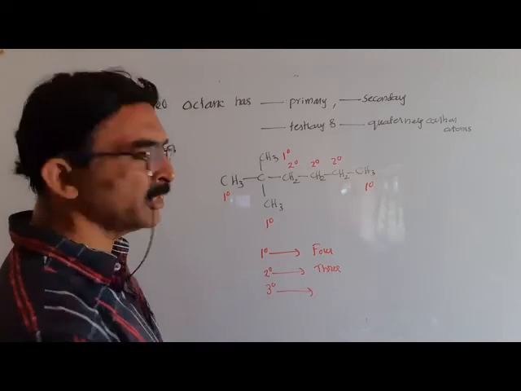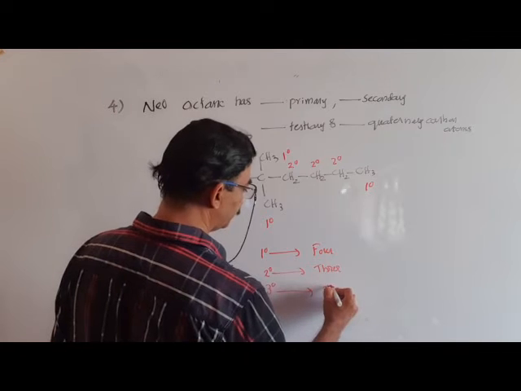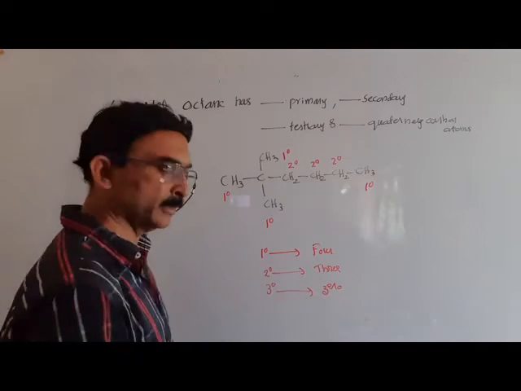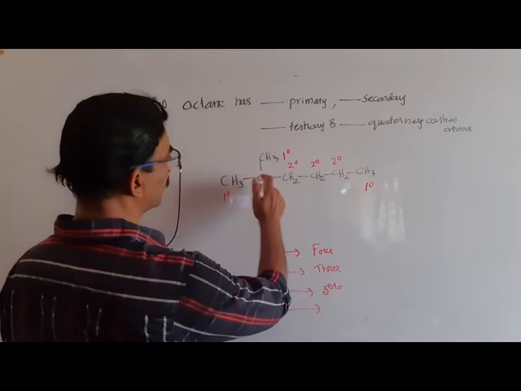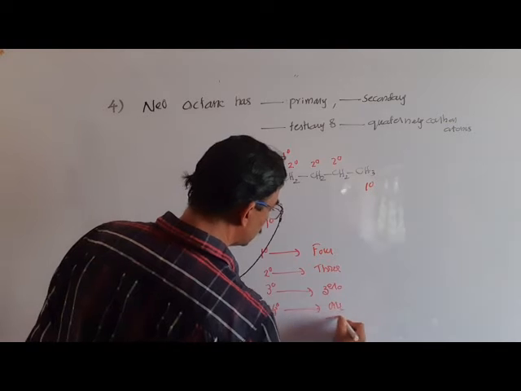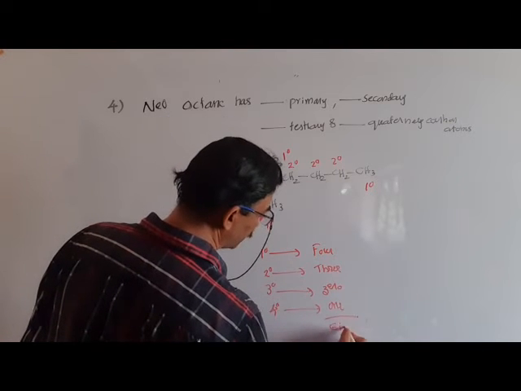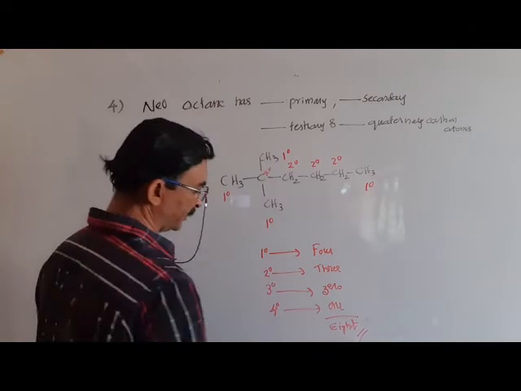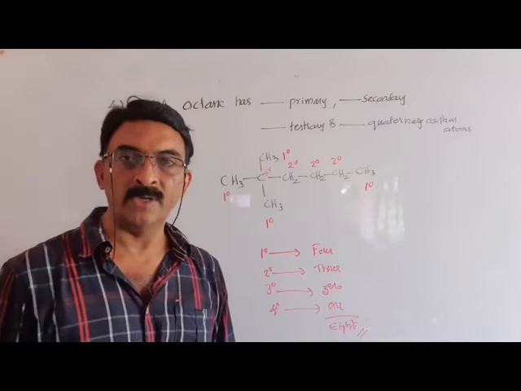There are no tertiary carbons at all here. 0. And quaternary. This is quaternary. So you have 1. So total number 4 plus 3, 7, plus 1, 8. There are 8 carbons. So it is correct. So our answer should be like this: 4, 3, 0, 1. Okay.